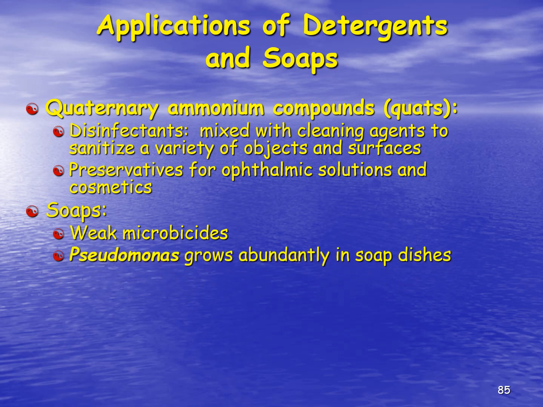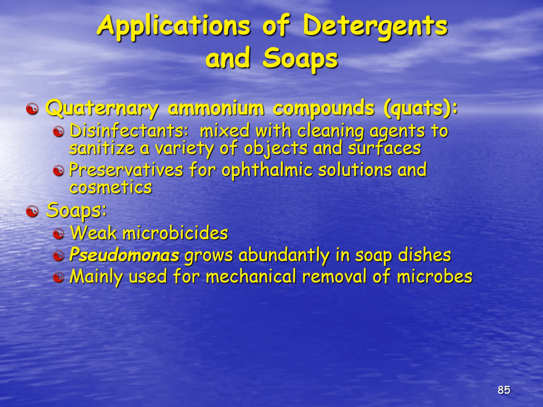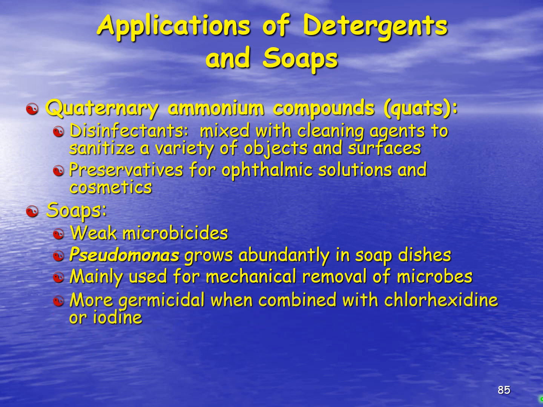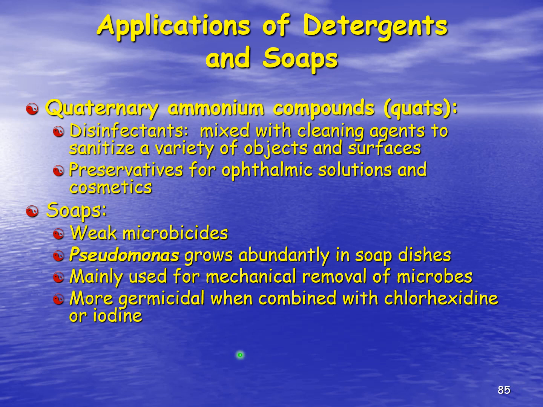And in fact, Pseudomonas has been shown to grow abundantly in soap dishes where the quaternary ammonium compounds were found. It's mainly used for mechanical removal of microbes. It's more germicidal when combined with either chlorhexidine or iodine.